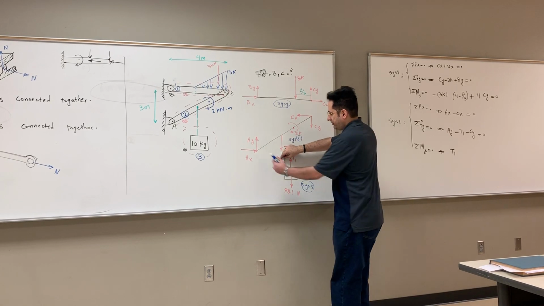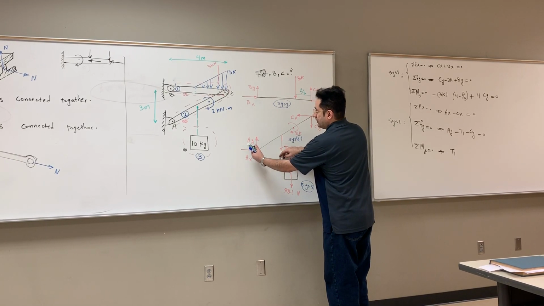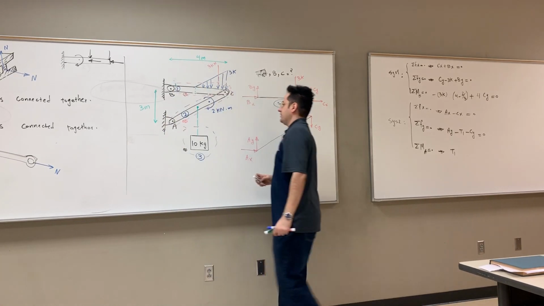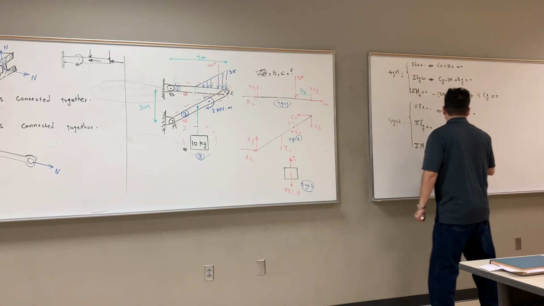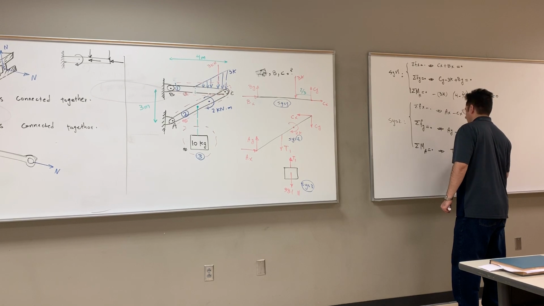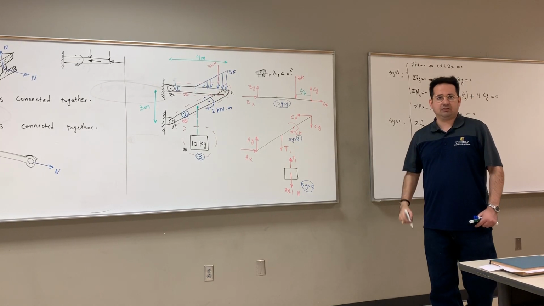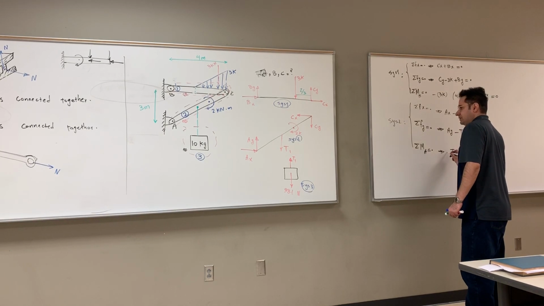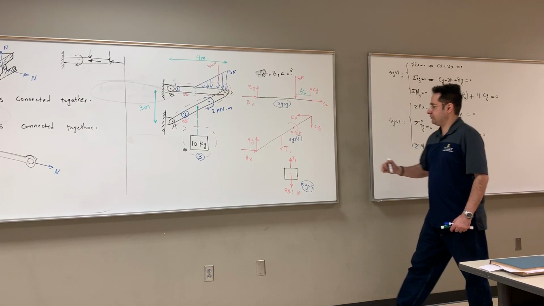Down, all the way down. So it's going to be this distance. If that's 4, that distance is going to be a third of it, 2, assuming it's perfectly at the center. Positive or negative? Negative.